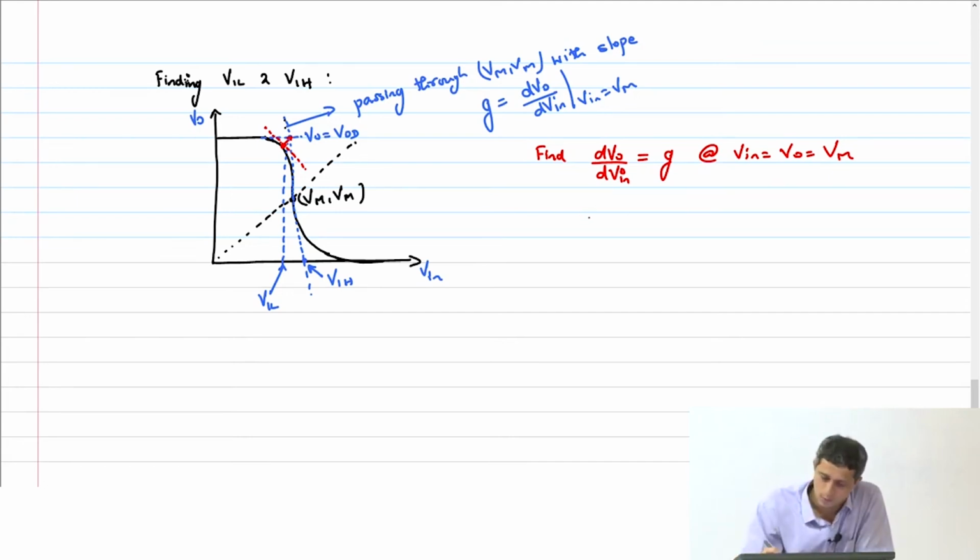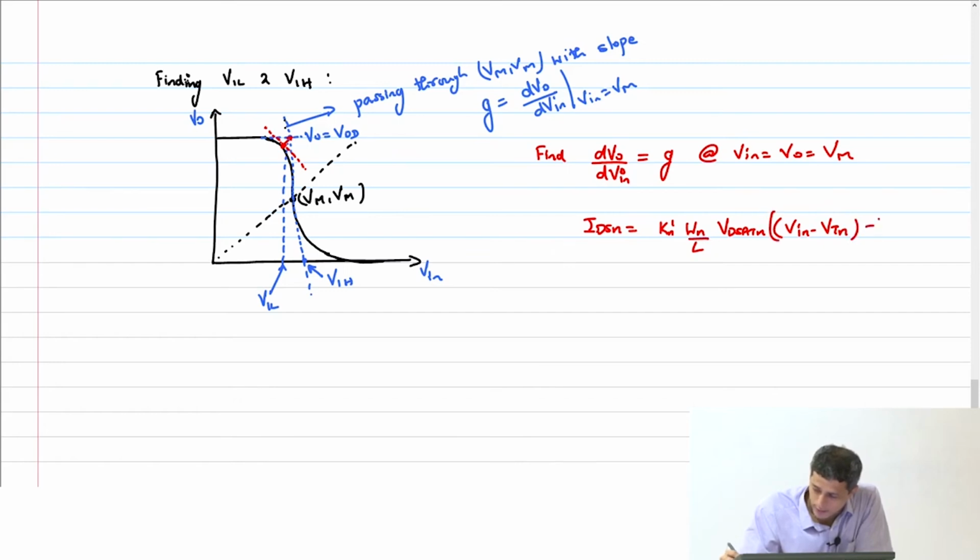So I am going to say that the current IDSN is, let me use a short channel device for now, Kn prime Wn by L into Vd sat n into V in minus Vtn minus Vd sat n by 2.